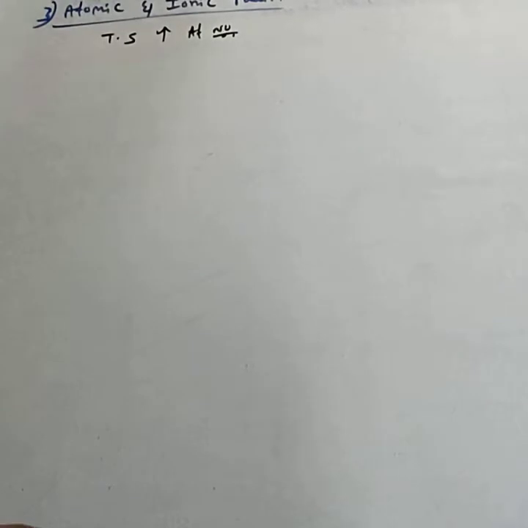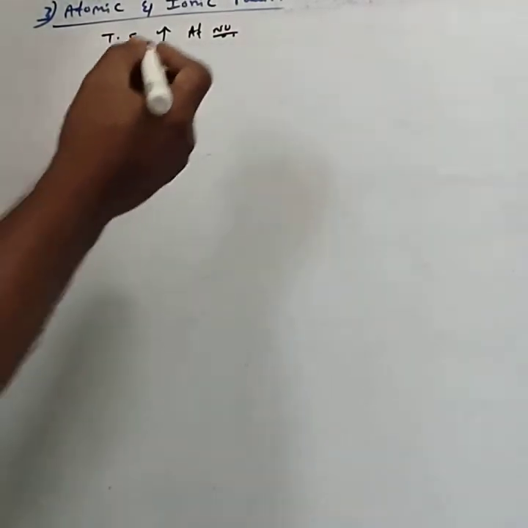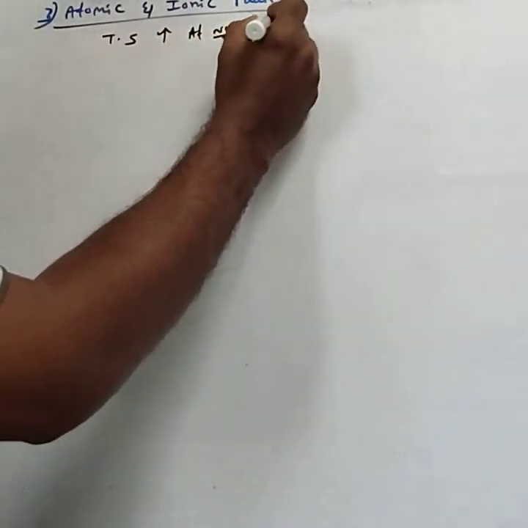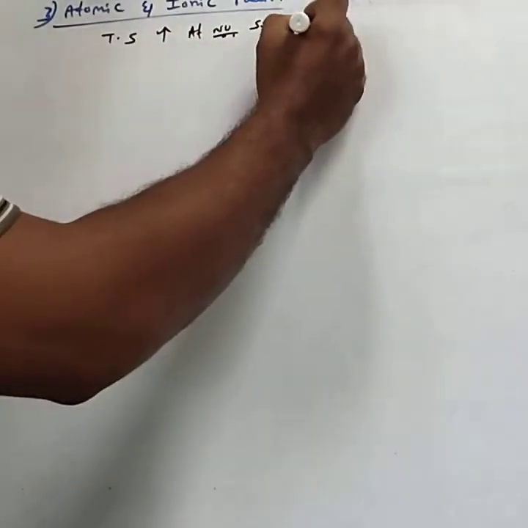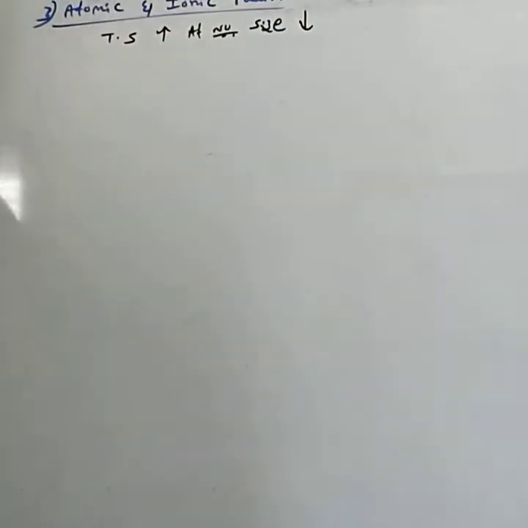In a given transition series, with increase in atomic number, atomic and ionic radii, or atomic size, decreases. With increase in atomic number, atomic size or radius decreases in any given transition series.